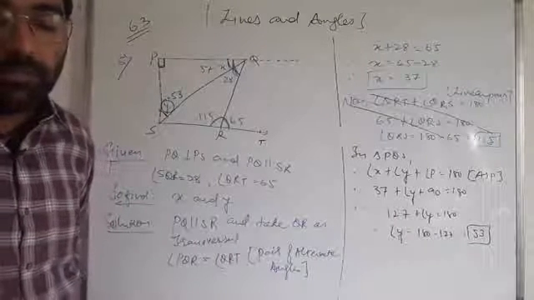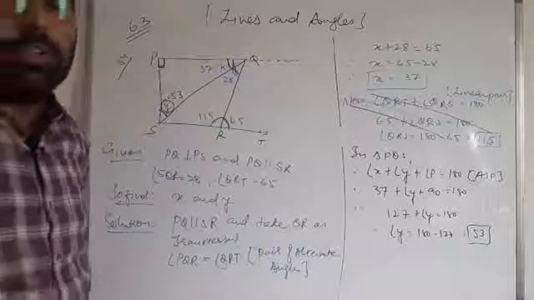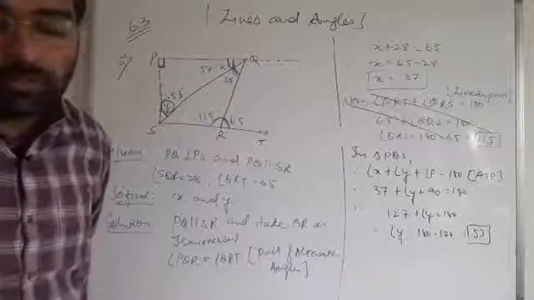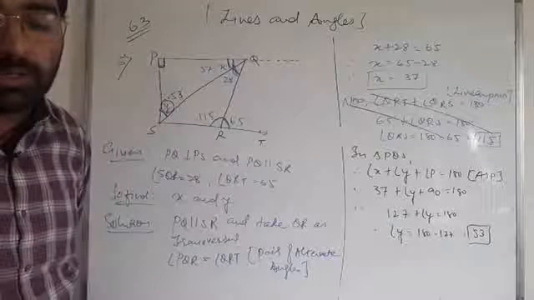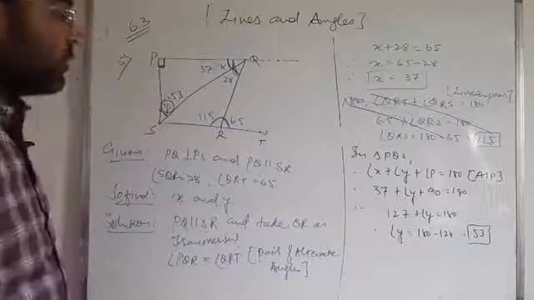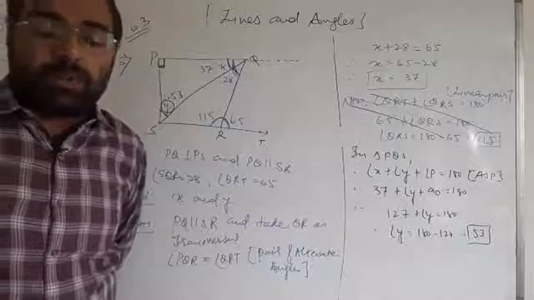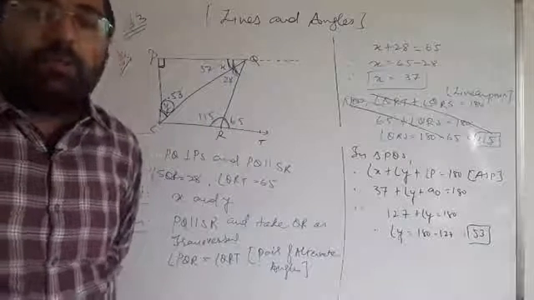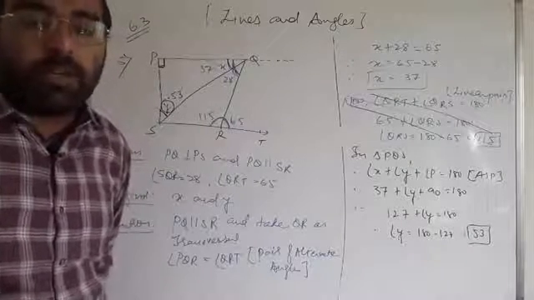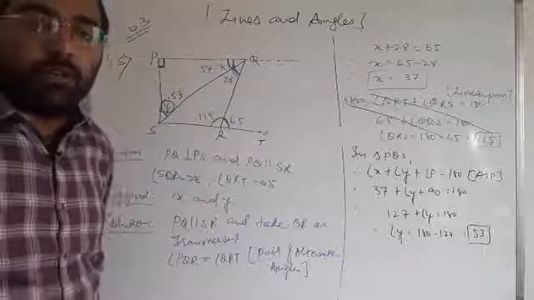From chapter 7, that is the last question of your exercise 6.3, question number 6. From the next session we have to move to chapter number 7. For chapter number 7 you must understand the properties of the triangle.